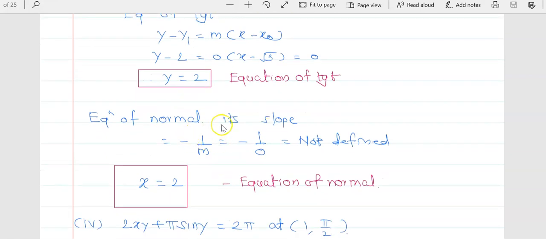Now the equation of the normal: its slope is -1 upon 0, which is not defined, and that is nothing but x = √3. This is the equation of the normal, and it is parallel to the y-axis.